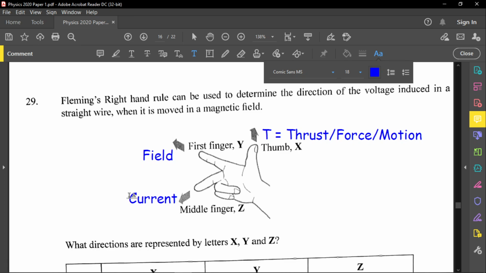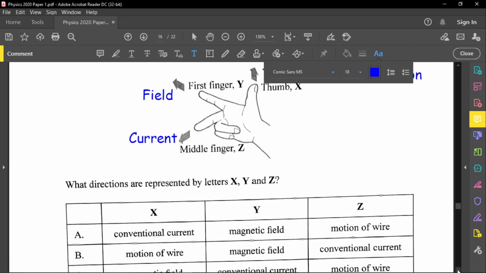Okay, first, the thumb, thrust, is a force, which will cause what? Motion. And then the first finger, field, and then the center finger or the middle finger, current. Okay, so we're looking for these now. What directions are represented by the letters X, Y, and Z? So let's go through and see what is here.